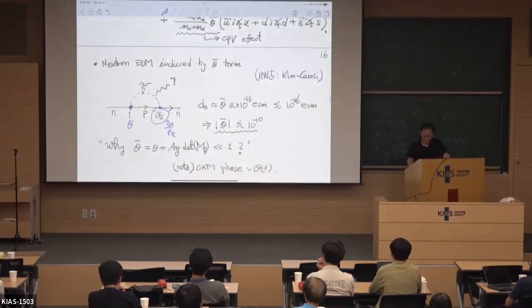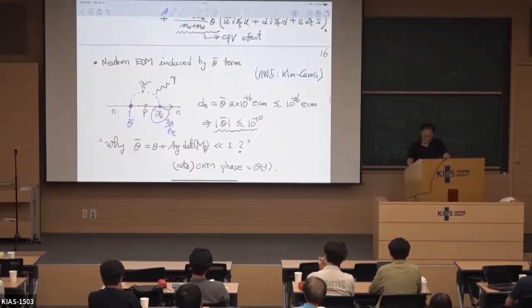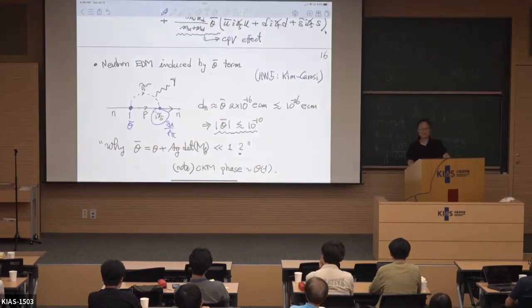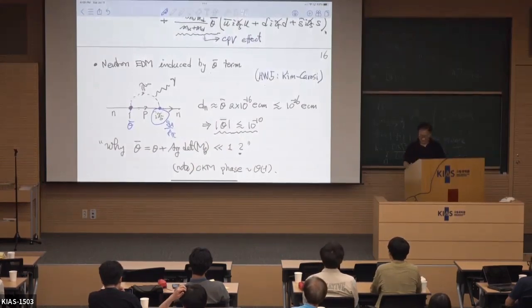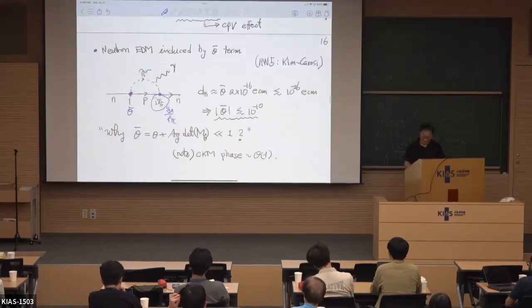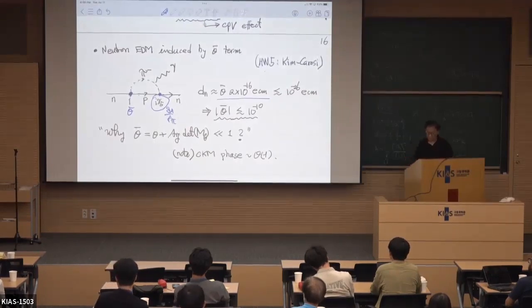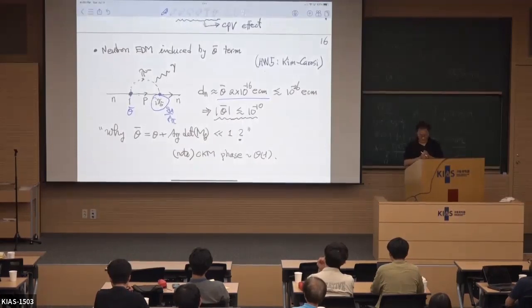It is not an easy task to see how the neutron EDM appears from this. You can look at Kim and Carosi and the references therein. Then you can calculate the neutron EDM like this. So the neutron EDM should be non-zero with non-vanishing theta bar.